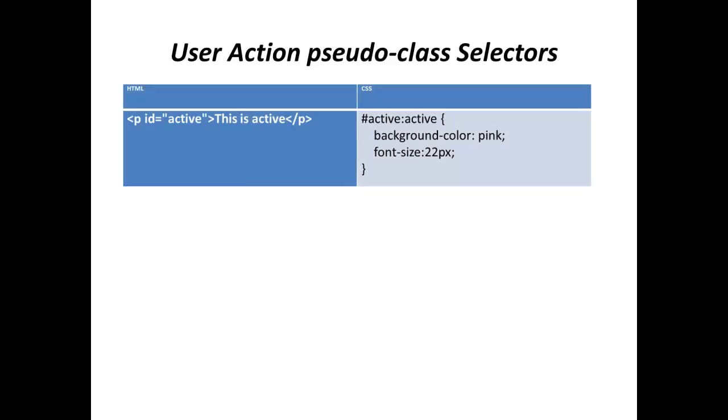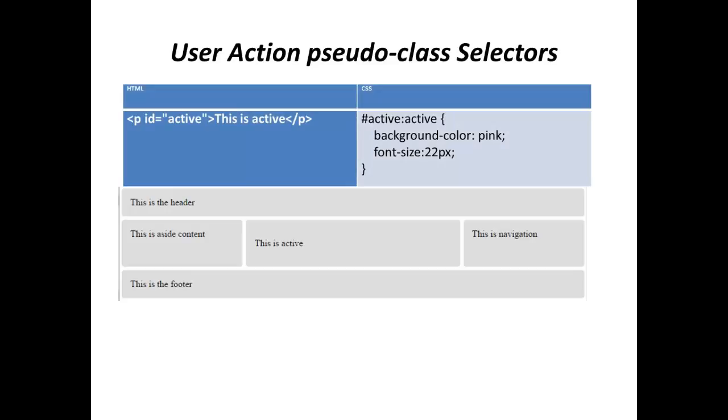All right. So if we go into these action pseudo-class selectors, we look at active, hover, and focus. You can use this not only in CSS but JavaScript as well, which we're going to be getting into in the next class. So let's look at this example. We give it a div ID of active.